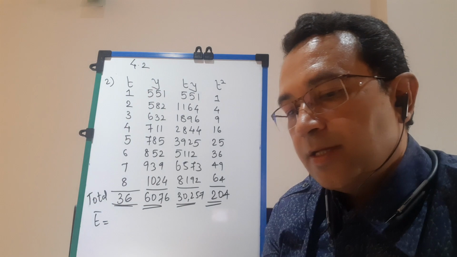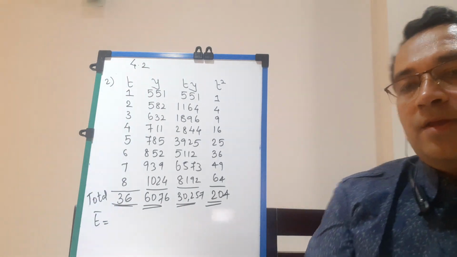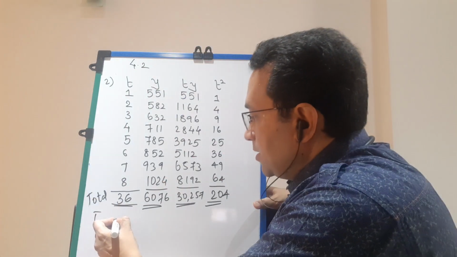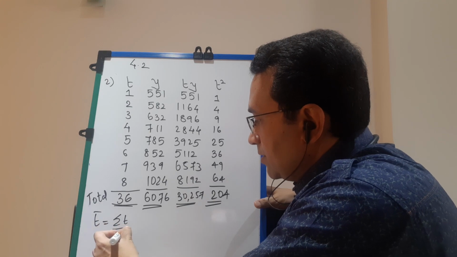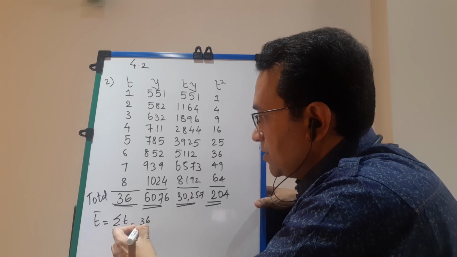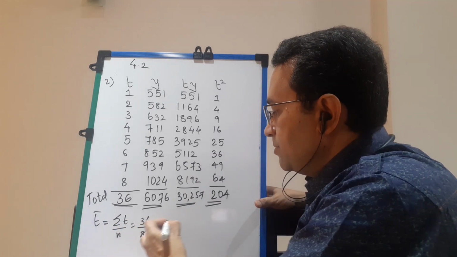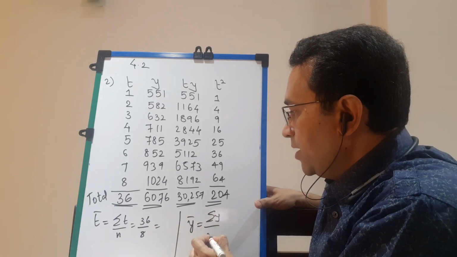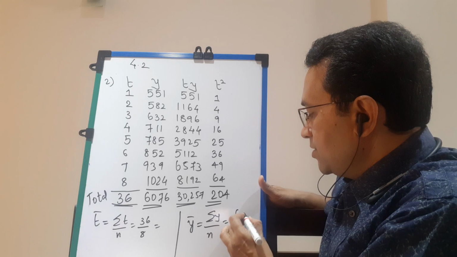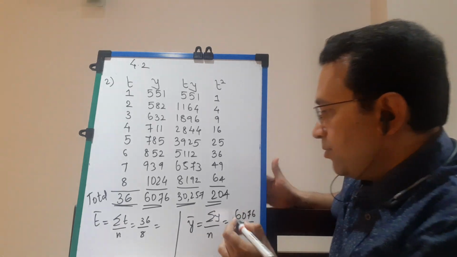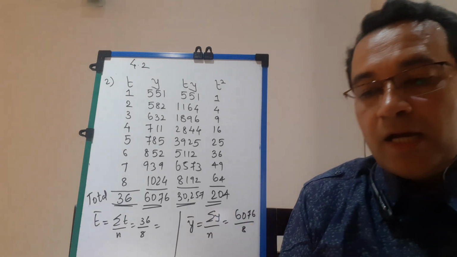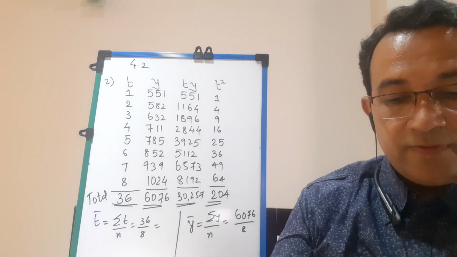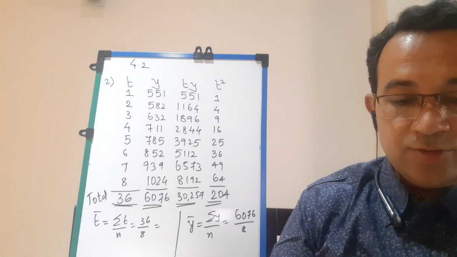Students, t bar is sigma t upon n, so that is 36 upon 8. And y bar is sigma y upon n, so it is 6076 upon 8. I have already simplified this value so that you can easily do the sums.